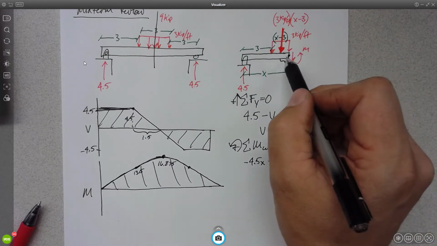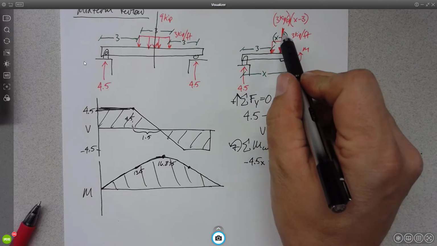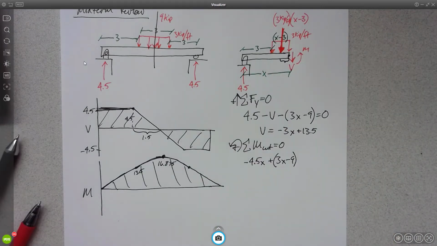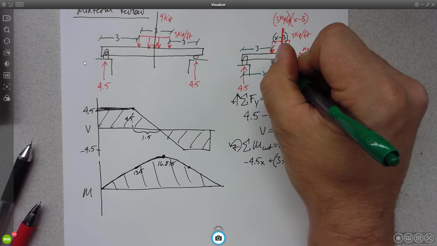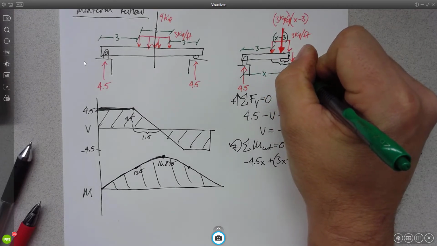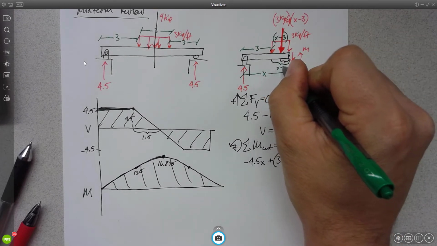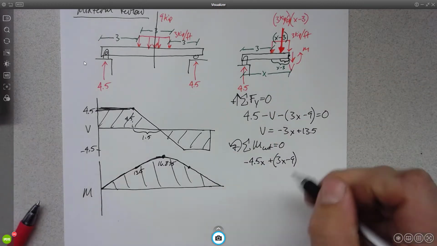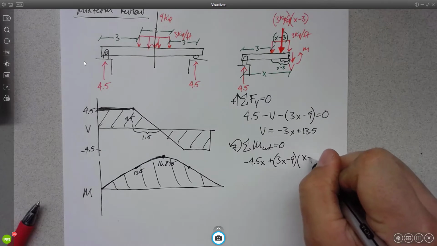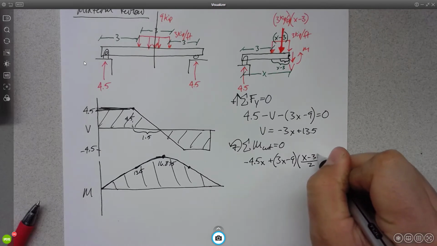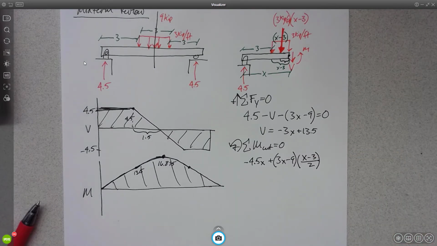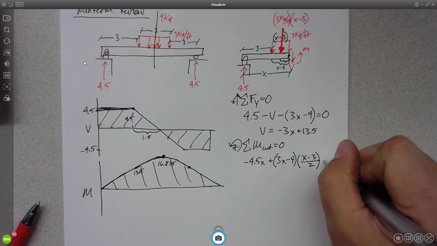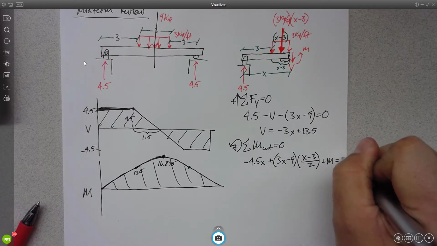Okay, so if this distance here is x minus 3, and this is half of that, wouldn't it just be x minus 3 divided by 2? Right? Plus M equals 0.